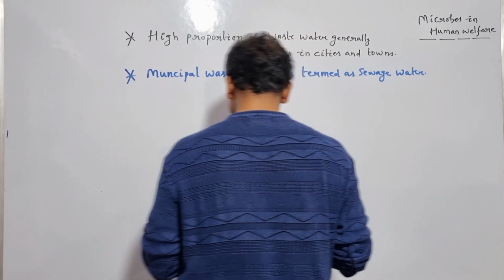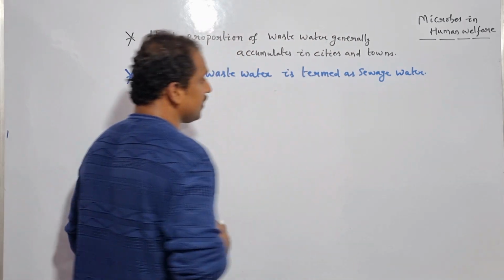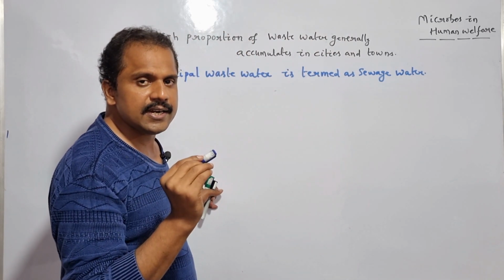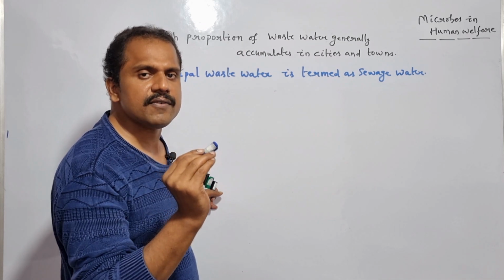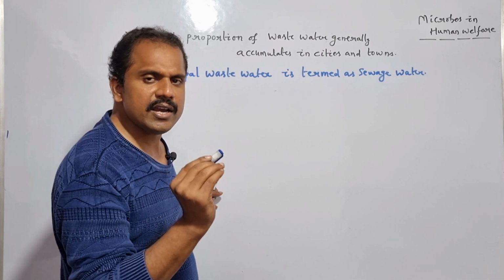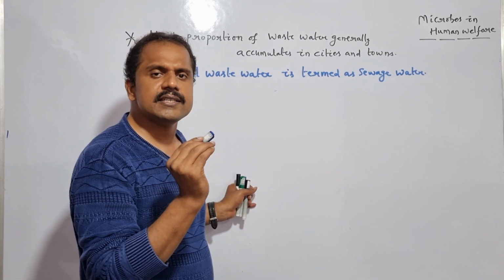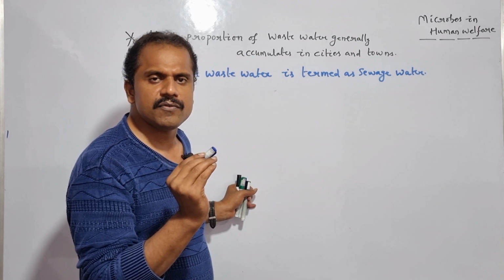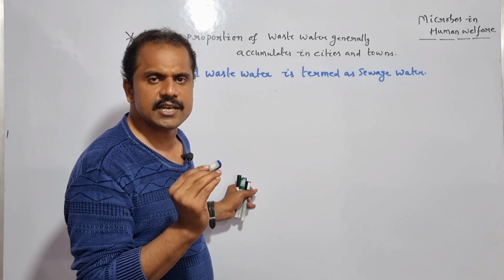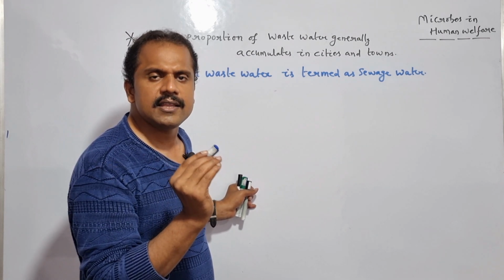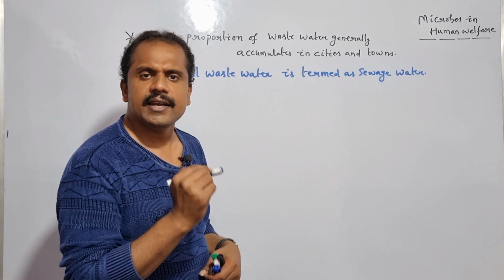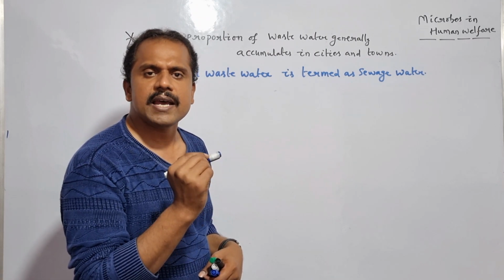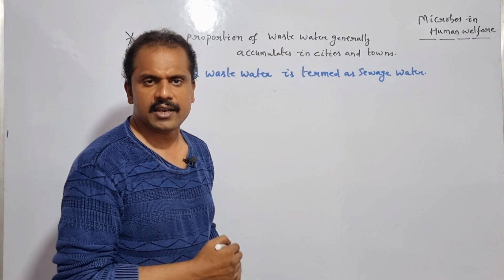So this municipal wastewater, which is termed as sewage water, is not discharged directly into specific water bodies like rivers and streams. Why? Because the sewage water contains many pathogenic microbes and organic matter.